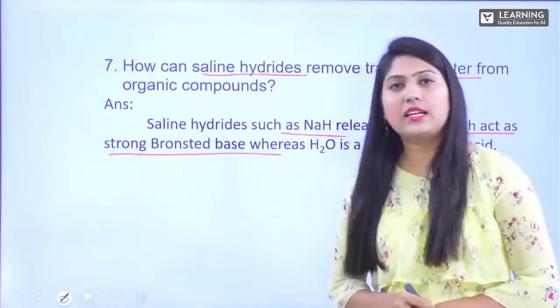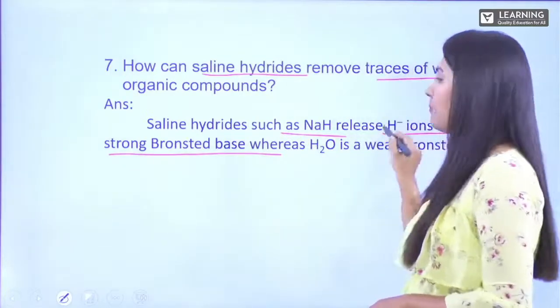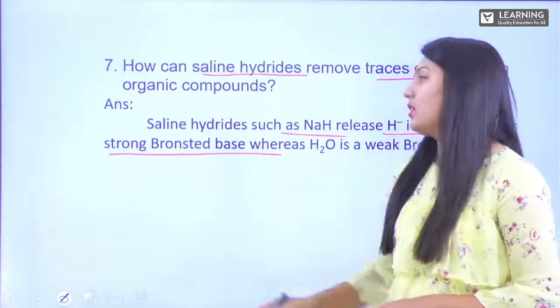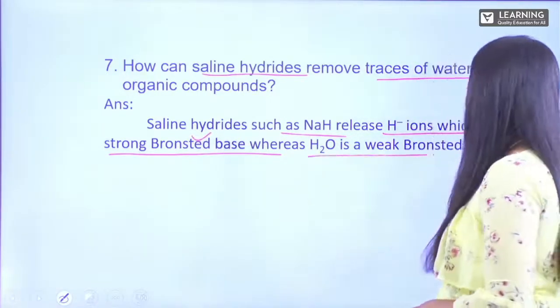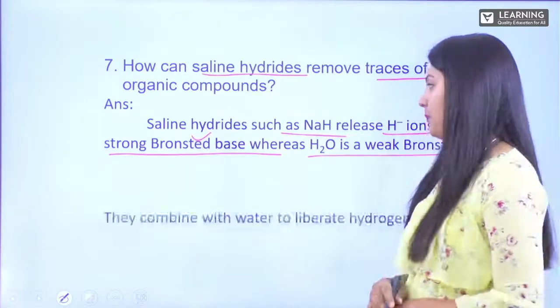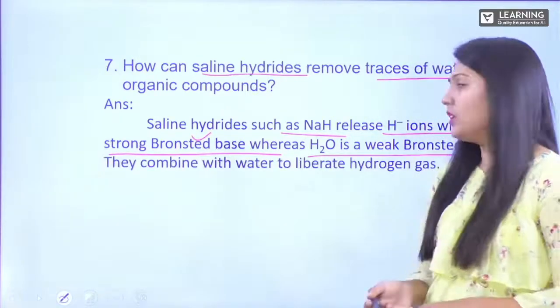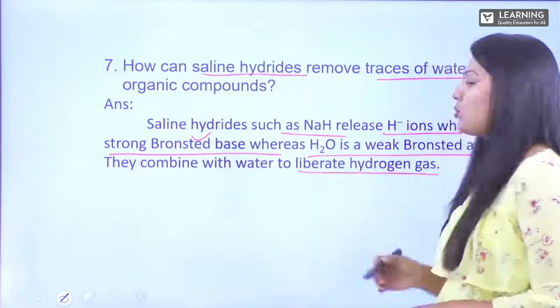As they release H minus ions, they act as a strong base. Which base do we call it? If they are releasing H minus or hydride ions, we can call them Bronsted bases, where water is the weak Bronsted acid. They combine with water to liberate hydrogen gas.